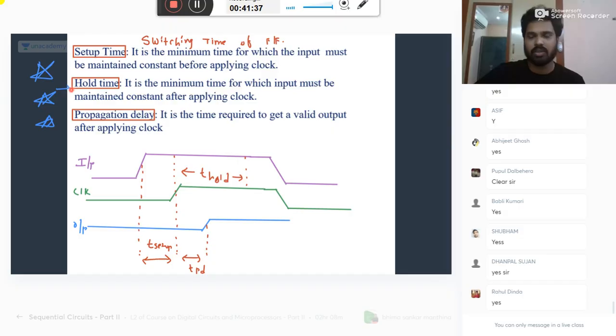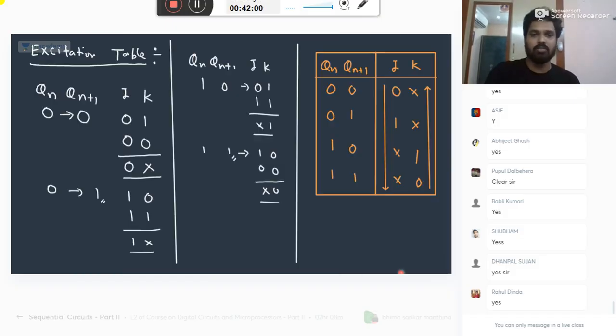In GATE 2020 one question came. I'm discussing this for a long time till now. On setup time no question came before, but in 2020 it came. Why am I discussing this from a long time? Because it is important with respect to design. When you go to interviews, they will also ask you in VLSI. So setup time is the minimum time for which the input must be maintained constant before applying clock. Please understand here.